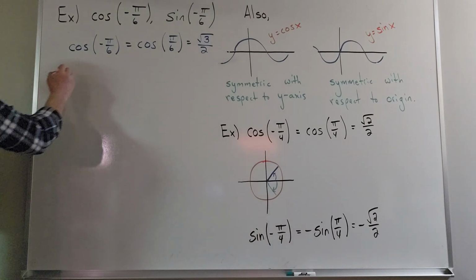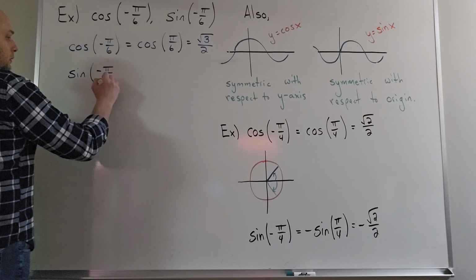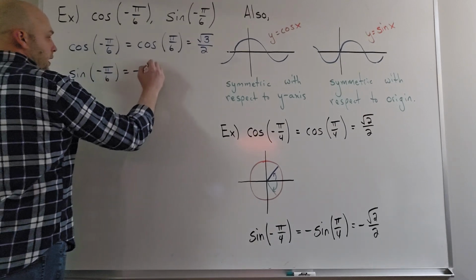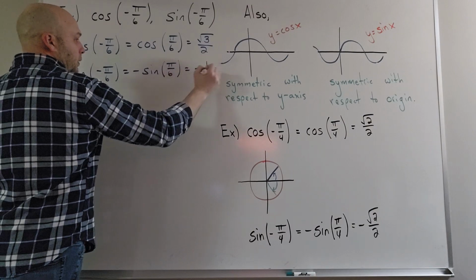On the other hand, the sine of negative pi over 6 is negative sine pi over 6, which is negative 1/2.